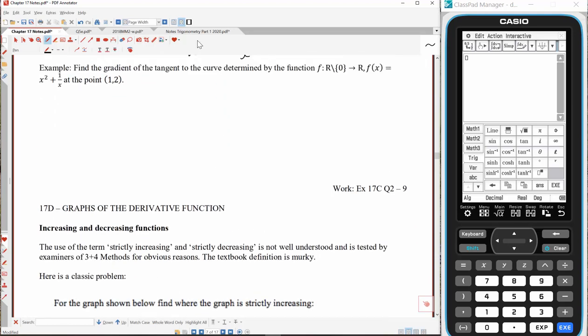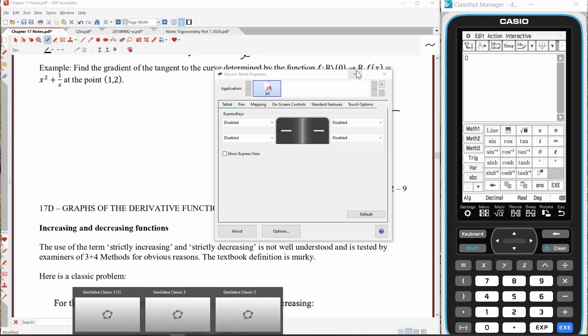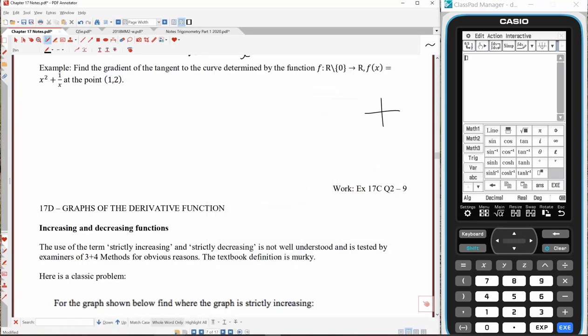All right, so find the gradient of the tangent to the curve determined by the function at the point 1, 2. I don't even know what that graph looks like. Let's graph it. Where's GeoGebra?